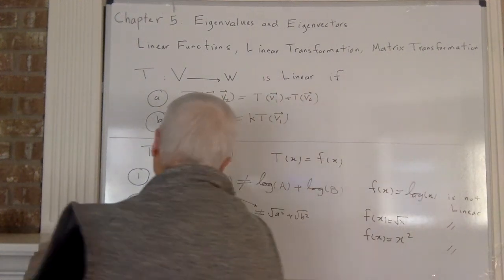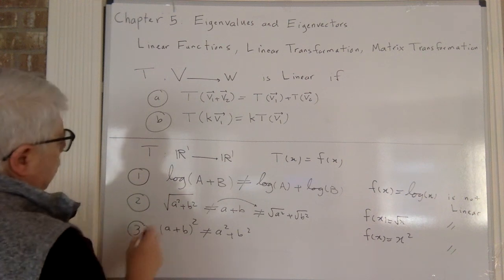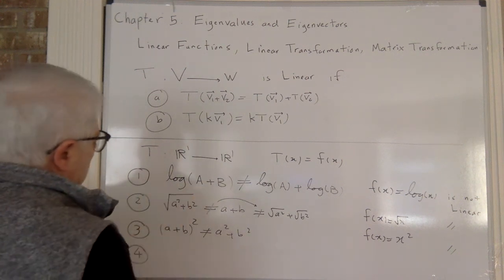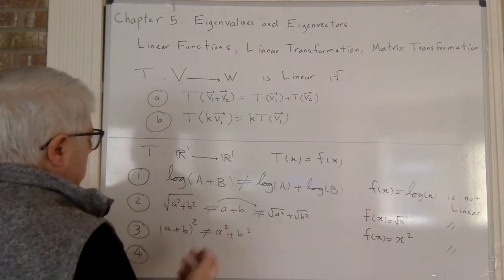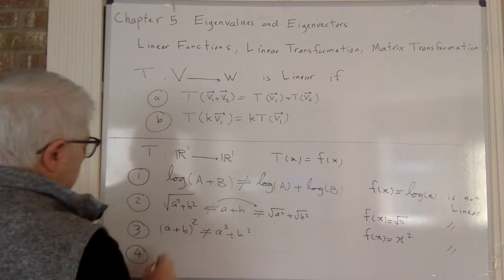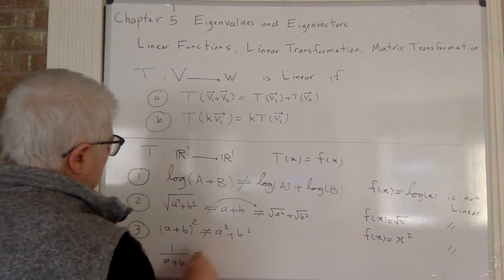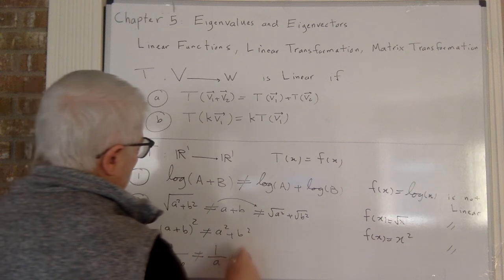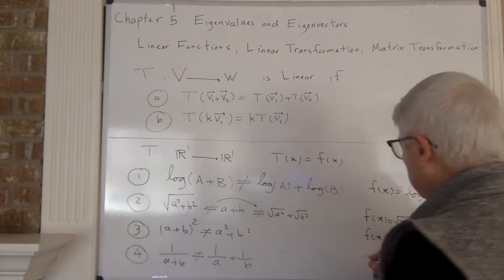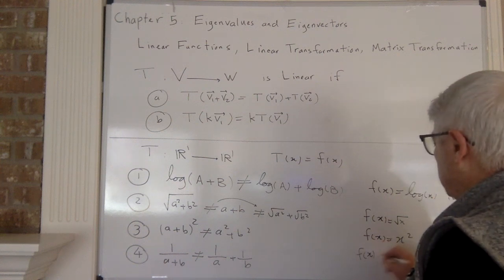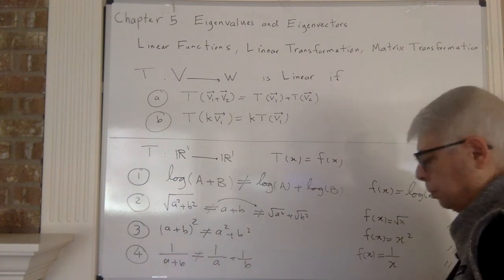Another one which I have seen students do, not so often, is this. This is not 1 over a plus 1 over b. Now, what function is here? The function that I'm saying is not linear is 1 over x.